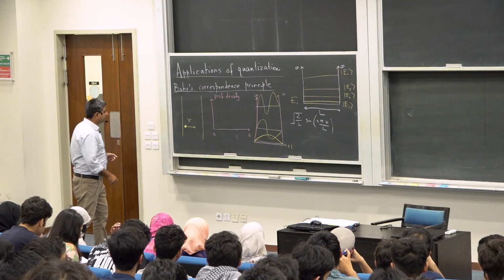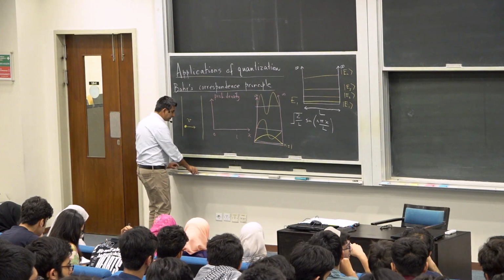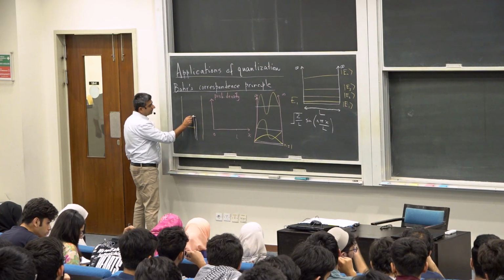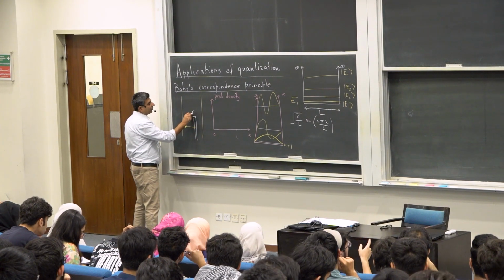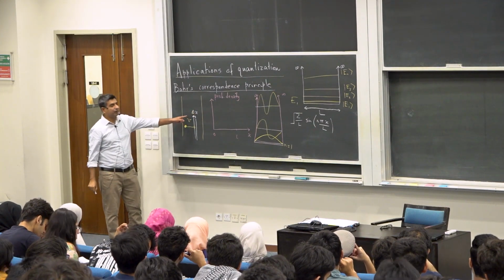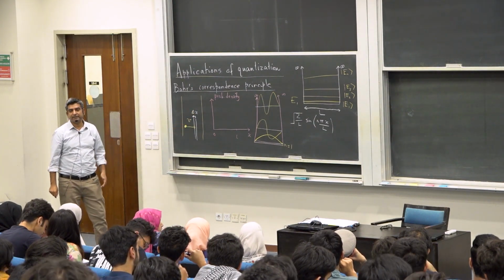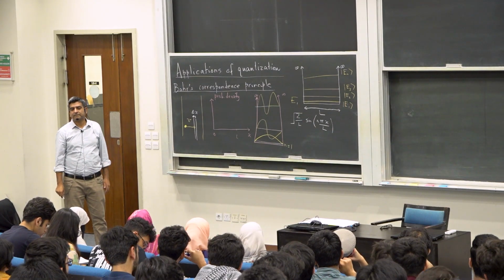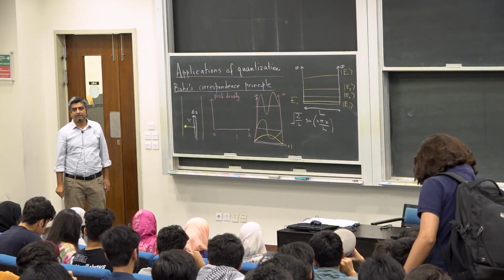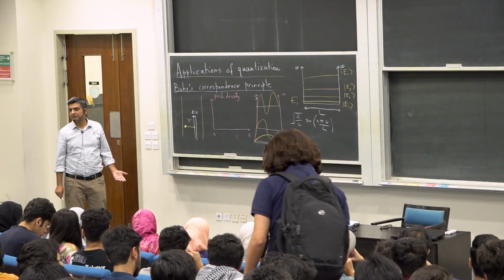If I take some narrow region in space, of length delta x, what's the probability of locating the particle in this length? It's constant, right?